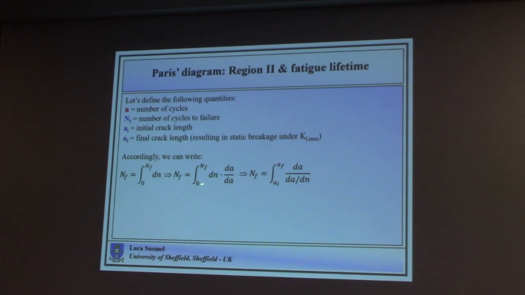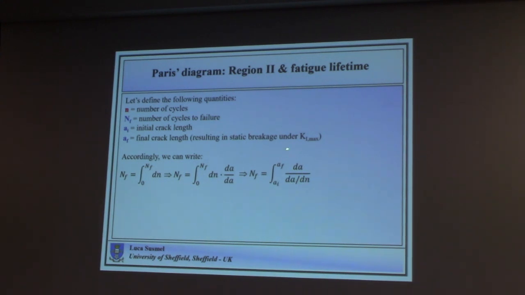So you can say, when my number of cycles ranges from 0 to nf, clearly the length of the crack must change from ai to af. Now I can rewrite my quantity this way, and my new independent variable is da and no longer dn, so I change the variable.